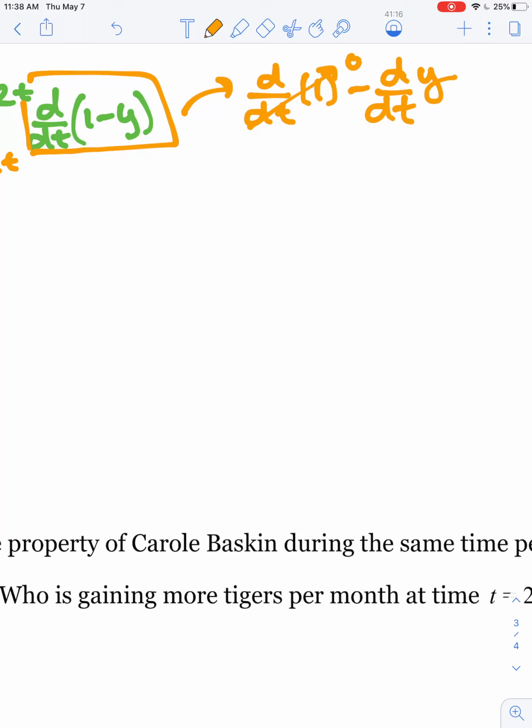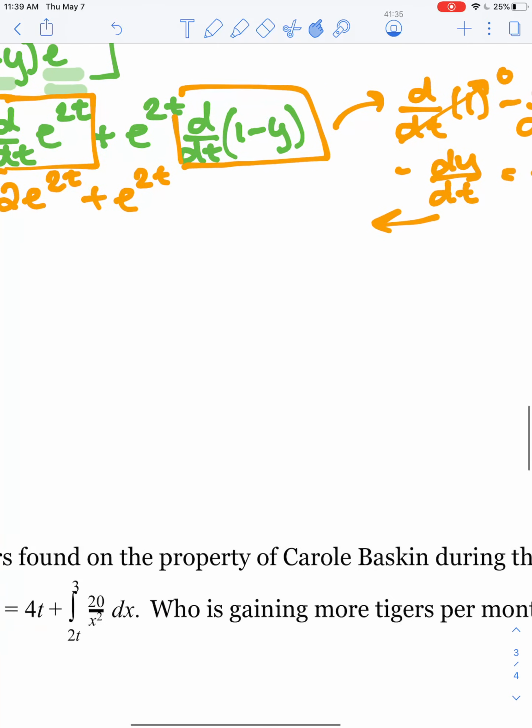So this becomes 0, and then we're left with negative dy/dt. And so I'm going to rewrite that to make my life a little bit easier as negative 1 times dy/dt. Okay, so then I get to go ahead and put that back into my work over here. So we just found that d/dt of the quantity 1 minus y is actually equal to negative 1 times dy/dt.